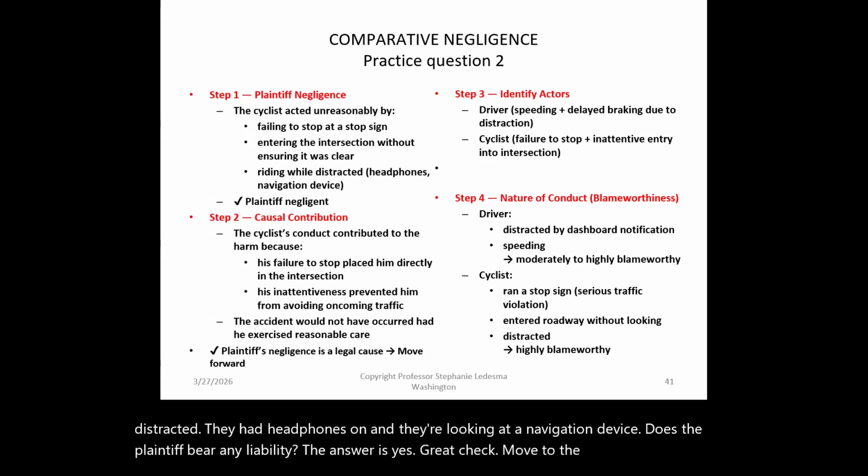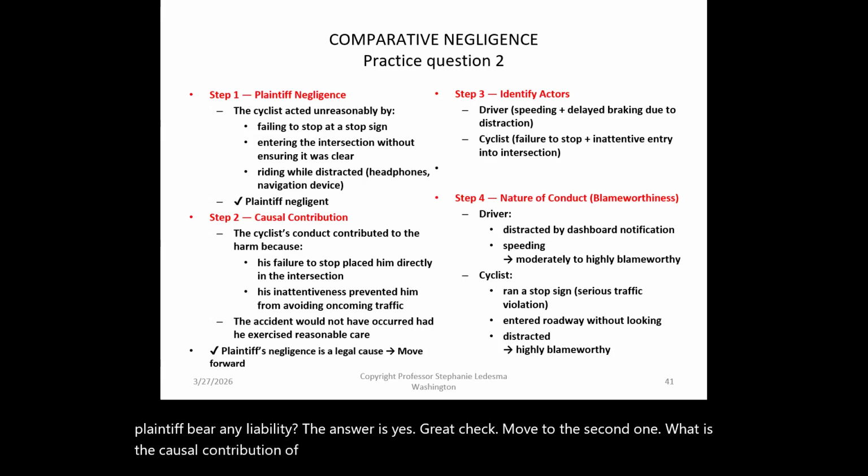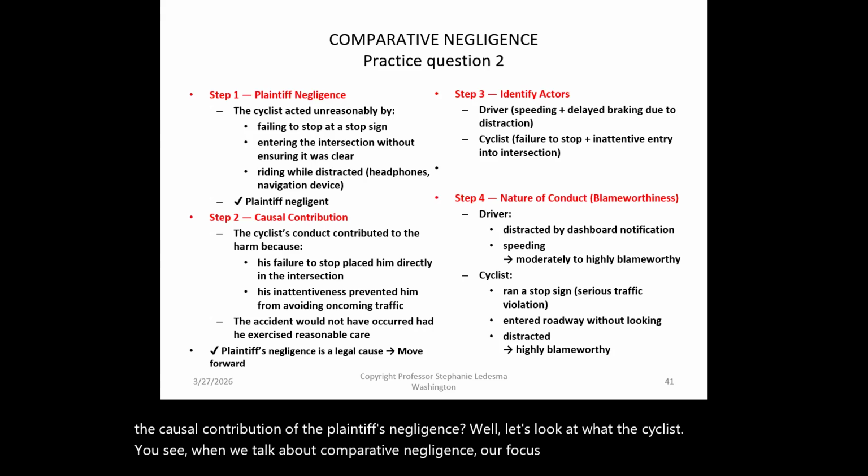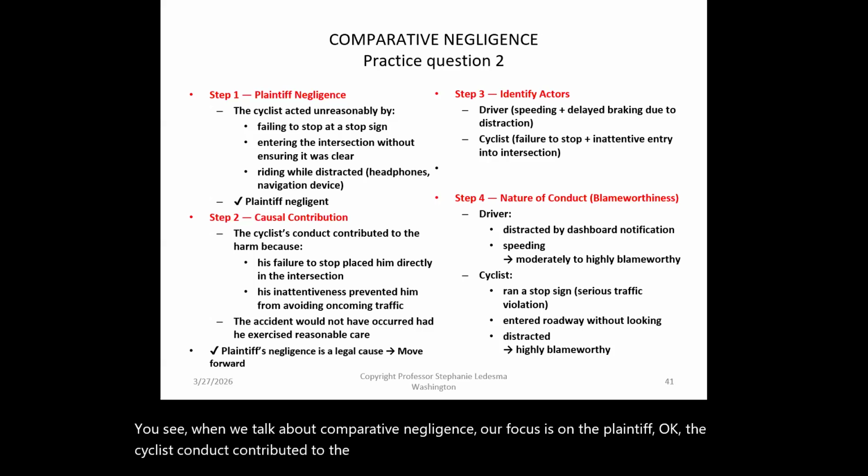What is the causal contribution of the plaintiff's negligence? Well, let's look at what the cyclist did. You see, when we talk about comparative negligence, our focus is on the plaintiff. The cyclist's conduct contributed to the harm because the cyclist failed to stop at the stop sign.